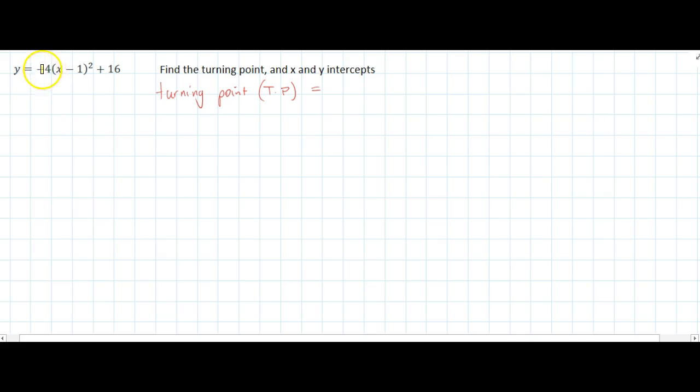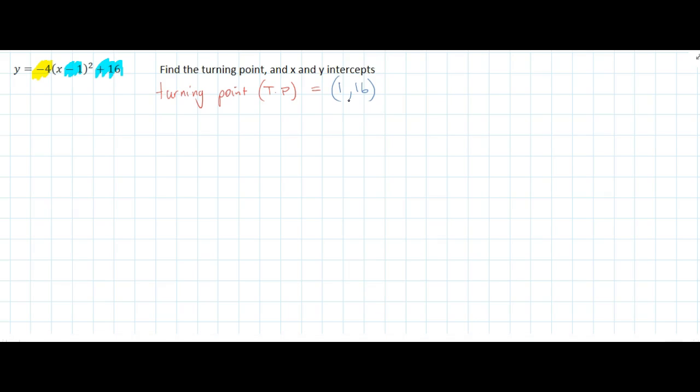The first number here, -4, doesn't tell us anything about the turning point. It tells us about the dilation. Now -1 actually shifts the turning point in the positive direction, so x equals 1, and the positive 16 will shift it up 16. We could mark that on a graph.